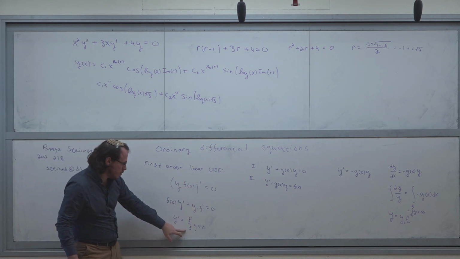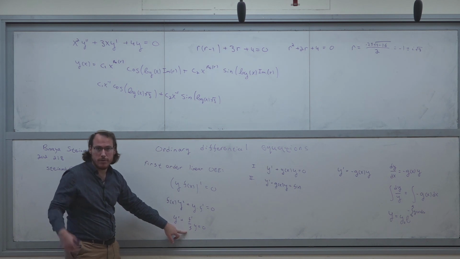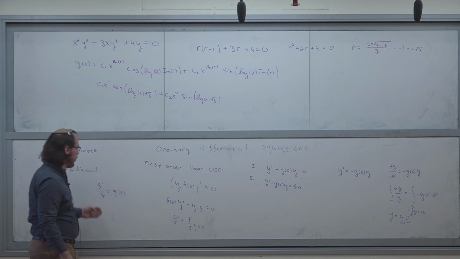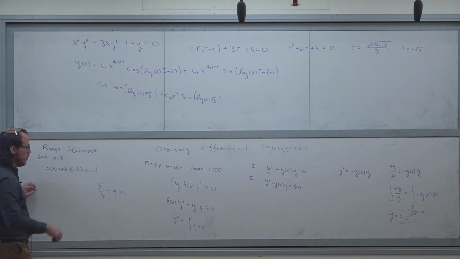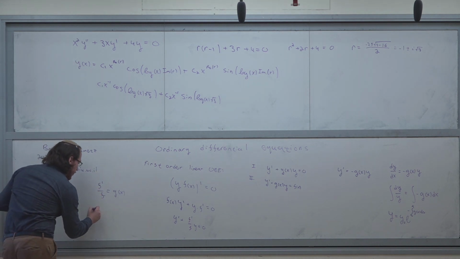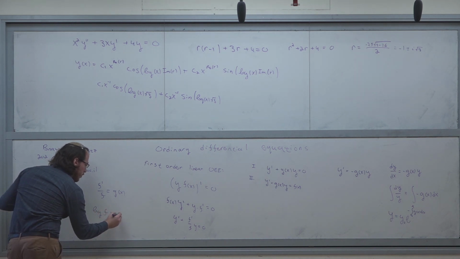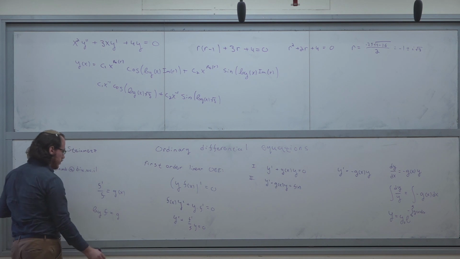Is it clear? And this already tells me that I would need a function with f prime over f equal to g, and this of course is log f equal to g.